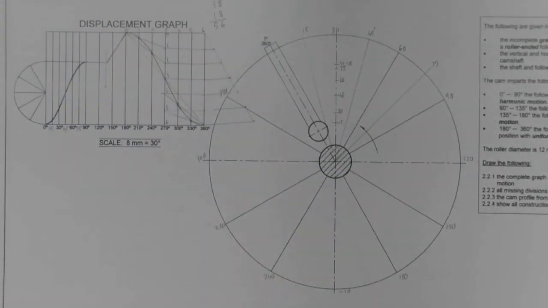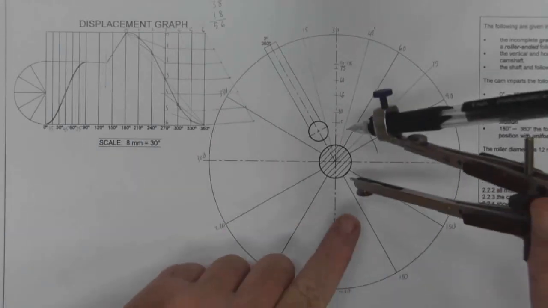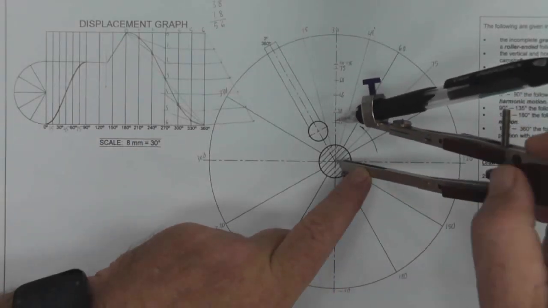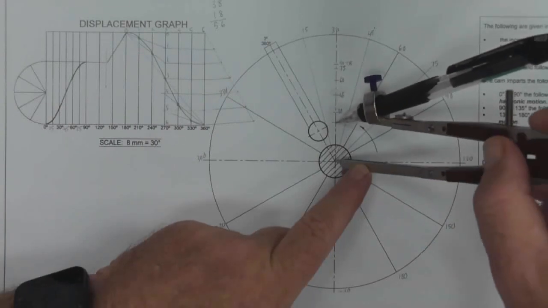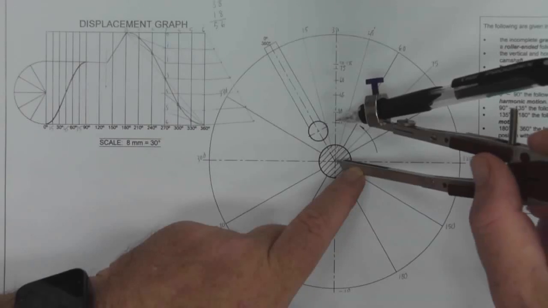Now I need to transfer those across with my compass. Please remember, we always take our heights to the vertical before we transfer them to where they need to be. So here I'm taking my distance at 15, lining up my compass, there's 15.